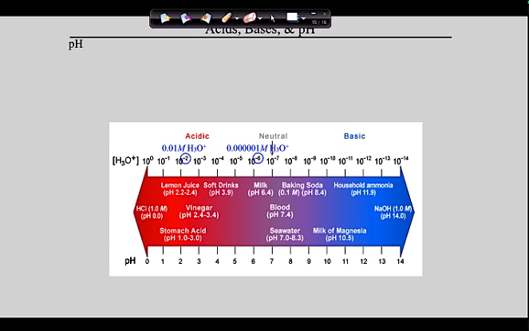So guys, what about if we go all the way to the other end and we look at ammonia, which is pH 12? What is the hydrogen ion concentration going to be at pH 12? Well, guys, it's going to be 1 times 10 to the negative 12th. So what does that mean? Well, it means that the hydronium ion concentration is so low that the hydroxide ion concentration is greater, and that makes it a base.